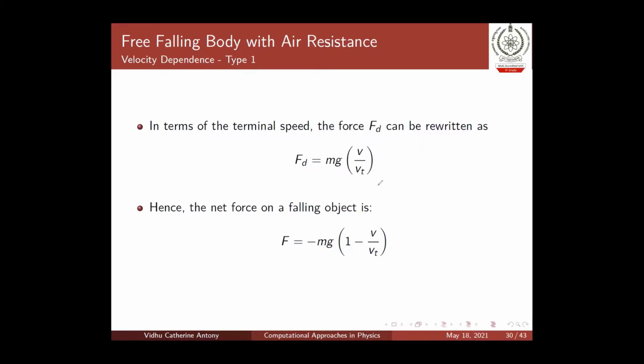What is falling down is negative. So you have a minus mg, and you also have a plus. You're adding up the forces, so don't get confused with that. This is why you get confused with the direction of the forces. Keep that coordinate system in mind, and that's how you go about it. So you have mg into v divided by vt. You take your minus mg out, and this is what you should be getting.